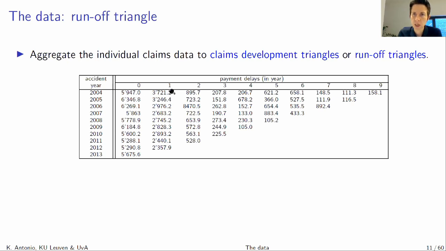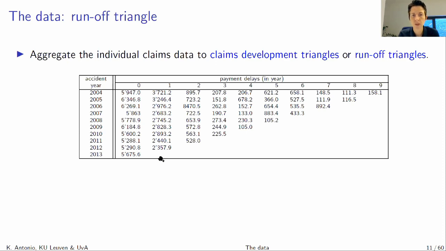And if we move to the second column, this is what we paid in the year 2005 for the accidents that happened in the year 2004, and so on. If I look at the most recent accident year in this example, the year 2013, I've got one number here: what I paid in the year 2013 for accidents that happened in that same year.